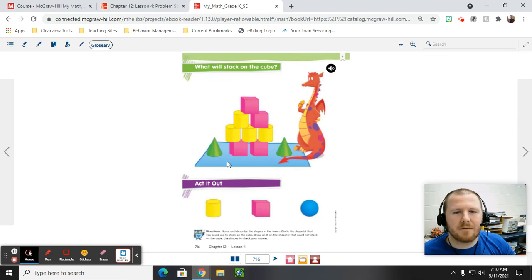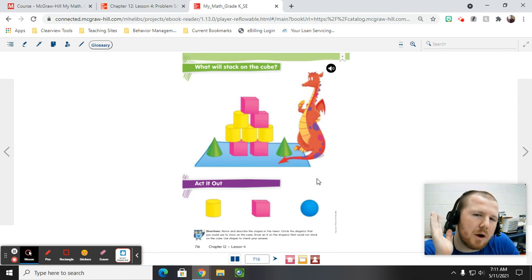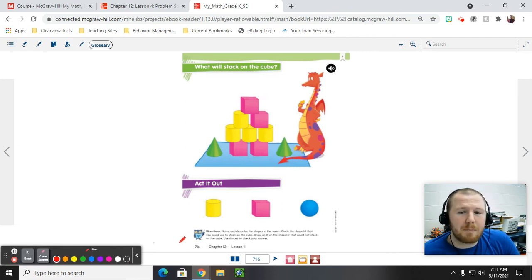Ooh, okay. So see, look, they did it again. Look, they have the cubes and cylinders again. They didn't even put the cones on there. Or spheres. Spheres you can't put anywhere. It'll just roll off. All right, but this time it says what will stack on the cube. So we know for positive that cylinders will stack.